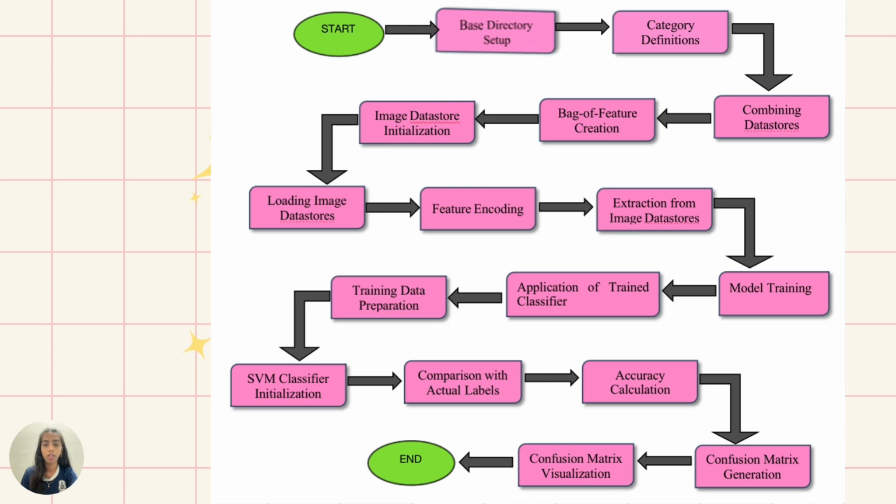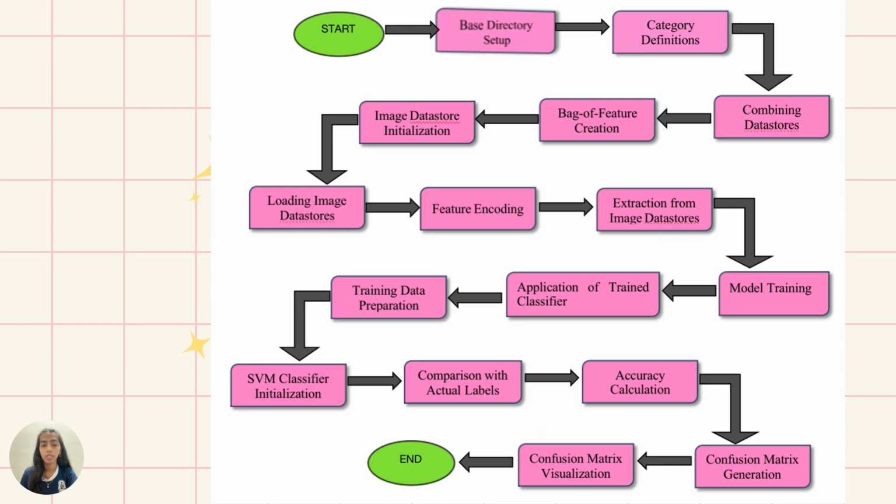This phase involved feature extraction and encoding using the bag-of-features approach. Extraction of labels for the training and testing datasets from the respective image data stores was done. Following this was the training of the SVM classifier, which involved preparation of data, initializing and training the SVM classifier using encoded features and corresponding labels.